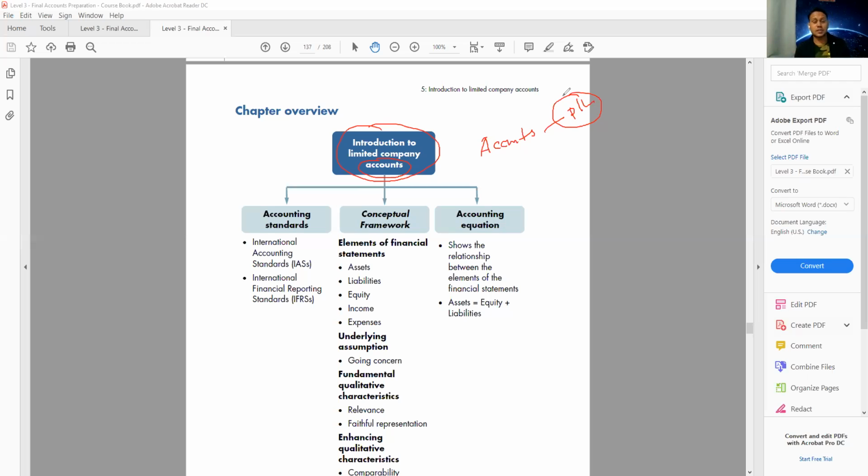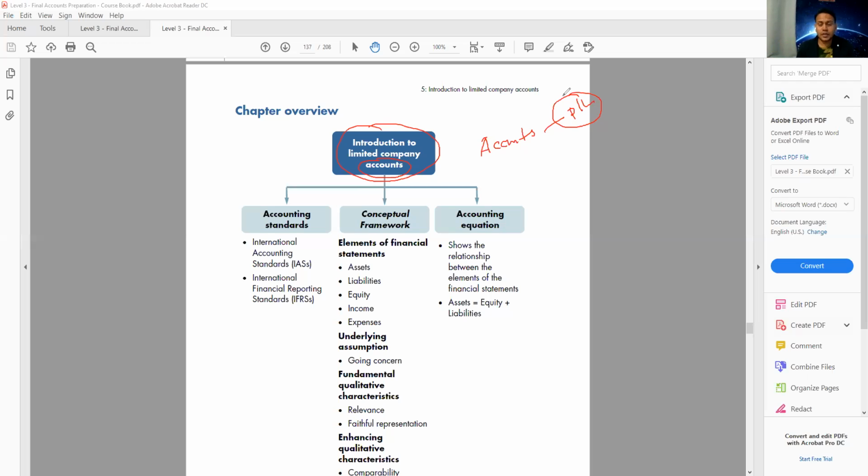So maybe HMRC will come back to you and say, listen, you paid someone a gift, and this is not an allowable expense. There are a lot of expenses that are not allowable for tax purposes. So HMRC want to see you didn't include any expenses that are not allowable. That's why you need to submit this to HMRC.